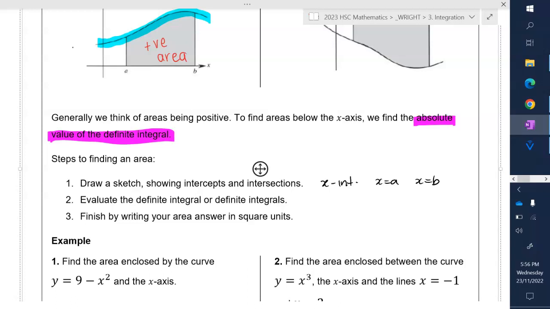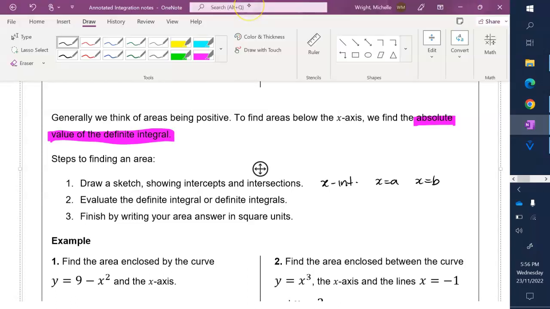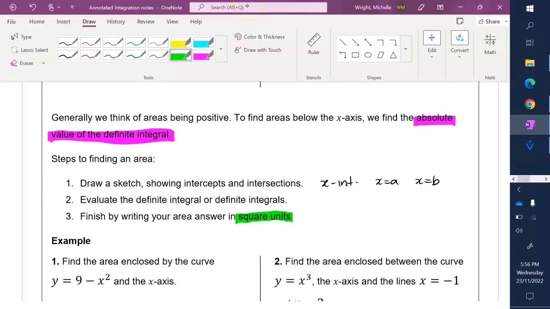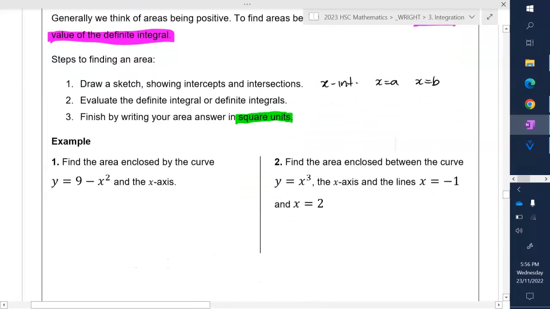So when the question talks specifically about area and finding the area, we want our answer to have square units. When our question is just looking at working out an integral algebraically, we don't need the square units in there. So we need to be people that are reading the questions and doing what the question is asking us and being very careful about that.